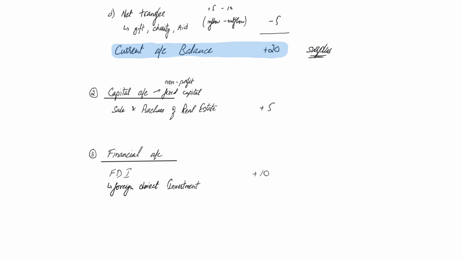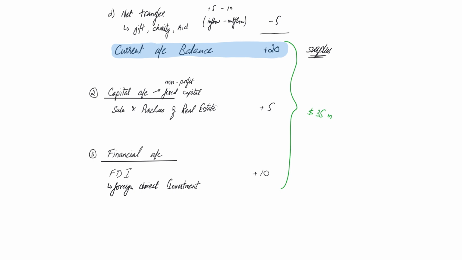Okay, so when we sum it up, let's see what we get. So far our balance of payment is showing 35 million US dollars of a surplus. That's great if you're having that, because every country does not have a plus in the current account and also pluses over here.